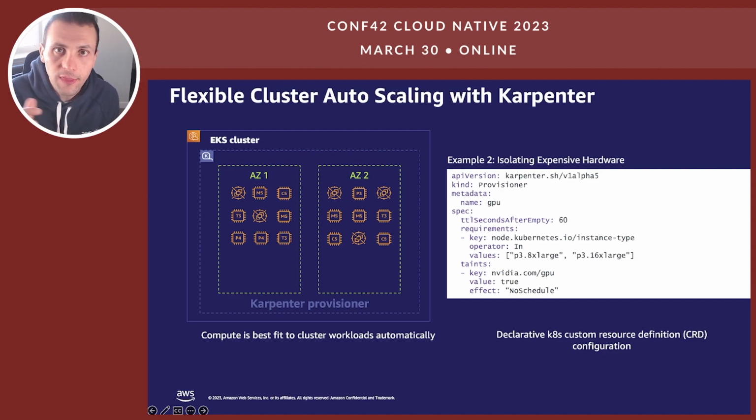And if you're familiar with taints and tolerations, it means that only pods that have a toleration to support this specific taint will be able to request and provision those resources within these nodes. So if you don't specify on your pods or deployments a toleration to support this taint, they are not going to be selected. But that gives you the ability to have different provisioners to fit your specific use case. And this is all declarative using Kubernetes custom resource definitions, CRDs.